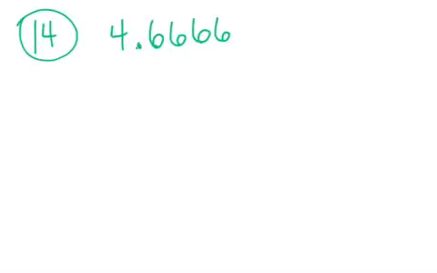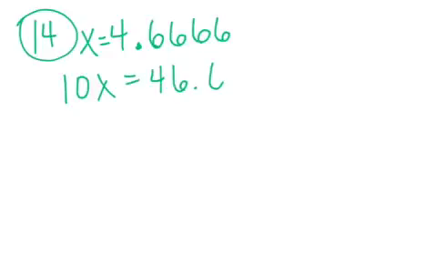Okay, on number 14, 4 point, and we can just carry it out to 4 places for fun. And we'll set that equal to x. Of course, I want to move the decimal one place to the right of our repeating numbers. So I just have to move it one spot to the right, so that means both sides would be multiplied by 10. Now again, I'm going to subtract my original x.